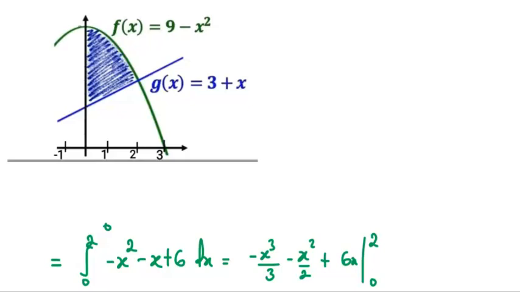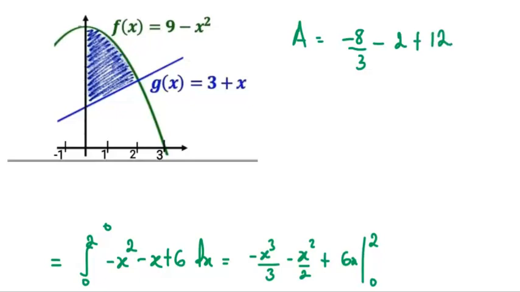Remember that if x is equal to 0, the whole of this will become 0, so we just need to take 2. That will give us area equal to negative 2 cubed, which is negative 8 divided by 3. Here, minus 2 squared is 4, and 4 divided by 2 gives us 2. And then plus 6 times 2 gives us 12.